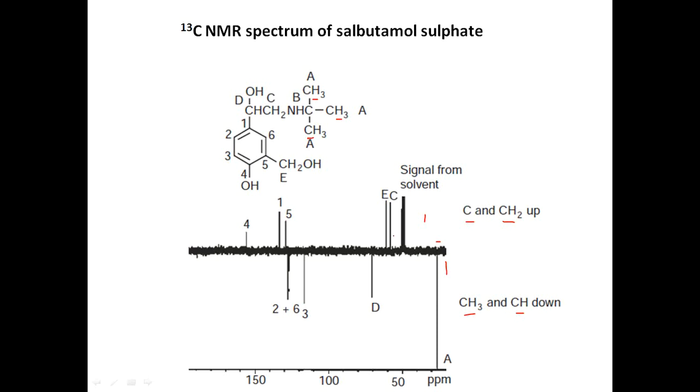Then the carbon B shows around 50 ppm, and it is mixed up with the solvent peak. Then the carbon directly attached to this carbon shows near 55 ppm. Then you have this carbon, which shows around 60 ppm.